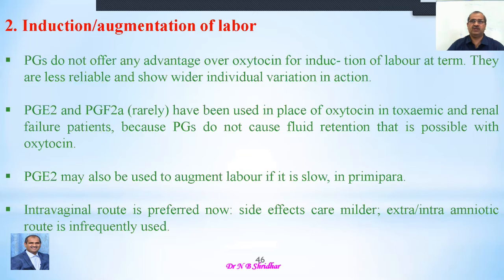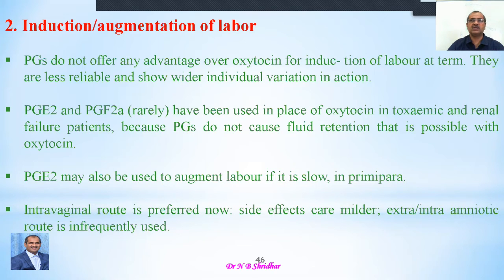Especially in the case of cattle and other animals, the prostaglandins are also used to augment labor, and PGs do not offer any advantage over oxytocin for induction of labor at term. That means the administration of oxytocin is enough for the induction of labor at term, and they are less reliable and show wider individual variation of action.